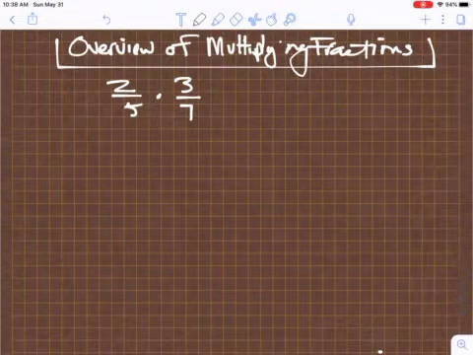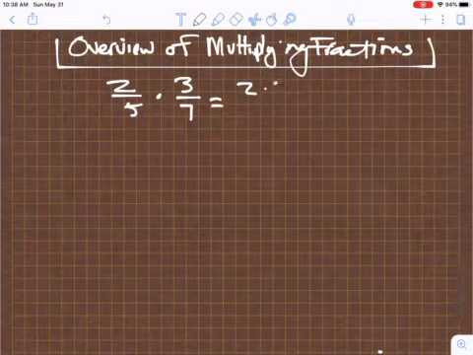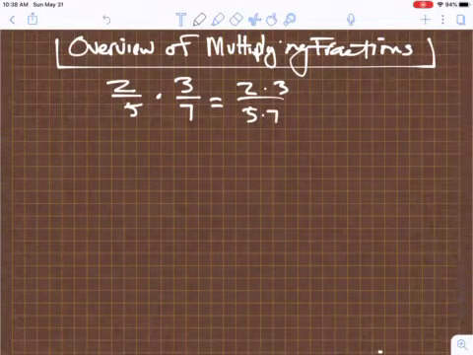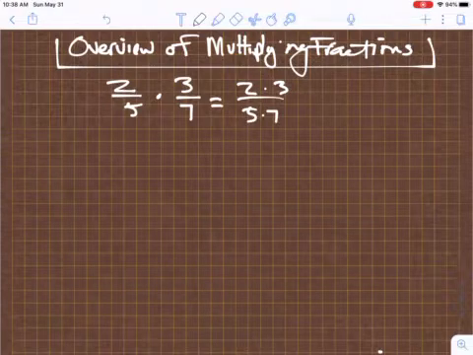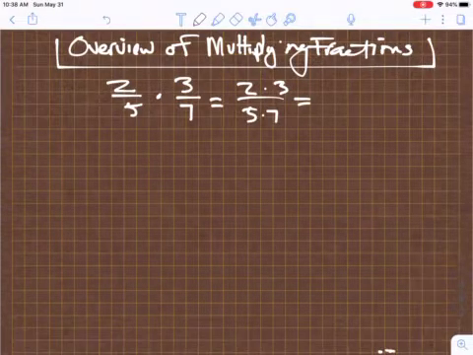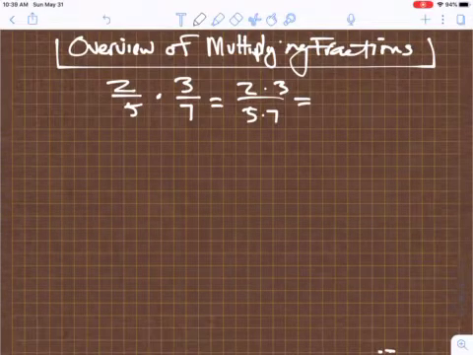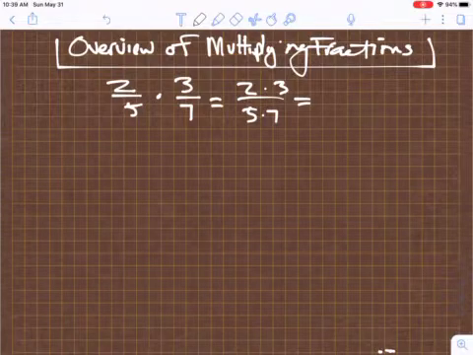All right, so if you don't remember cancellation or any of the other things we're going to talk about, that still works. So this basically becomes 2 times 3 over 5 times 7, because it's 2/5 times 3/7. Doesn't matter what order you put the 2 on top in. It could be 3 times 2 over 7 times 5. It's multiplication, so the commutative property lets us move things around.